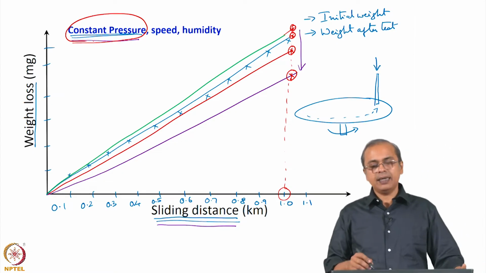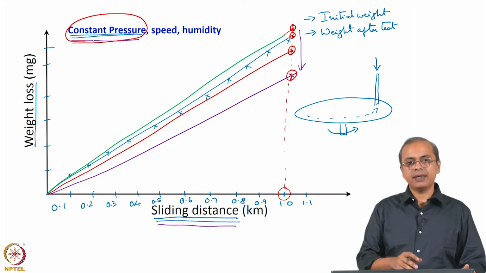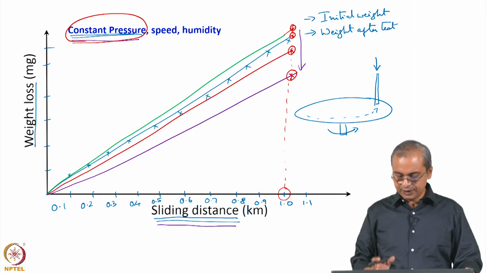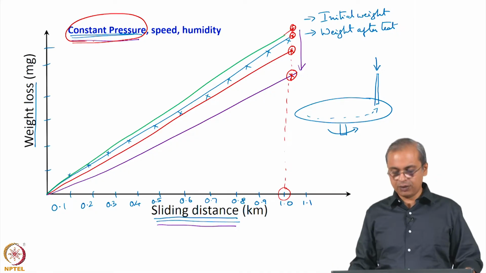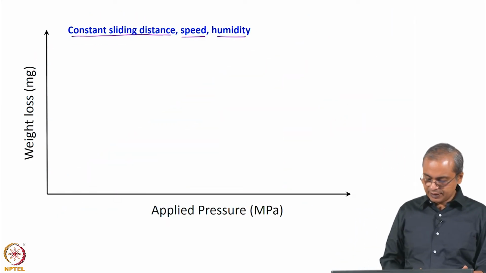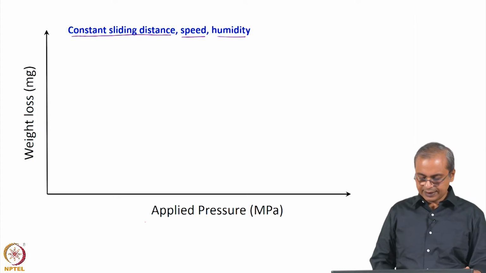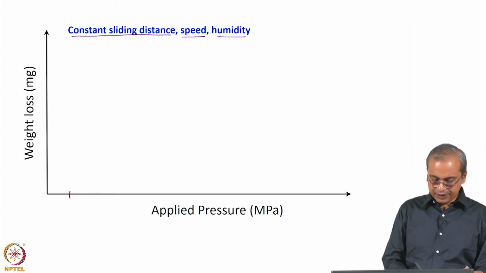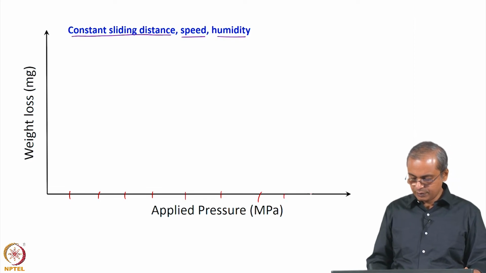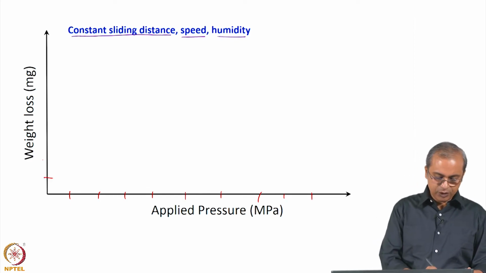Now, I can run another test where I change the pressure to a higher value and again run for the same amount of distance, and look at the different weight losses. That is what we are plotting here. Applied pressure is on this x axis, so you have different values of applied pressure, and again you are looking at weight loss.